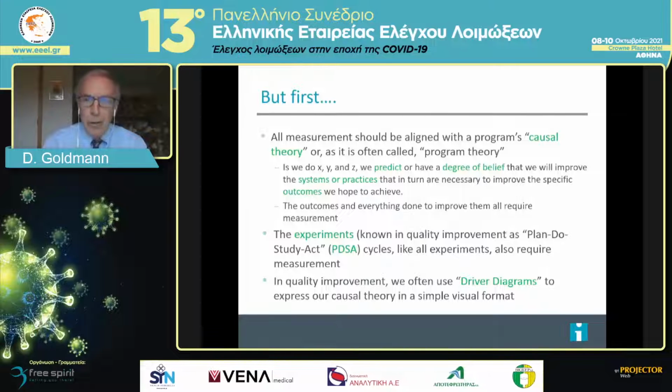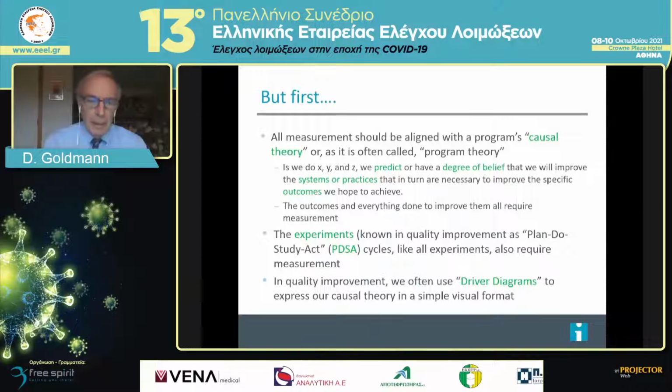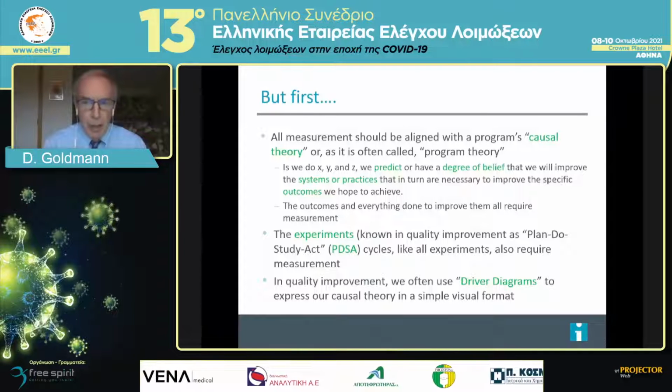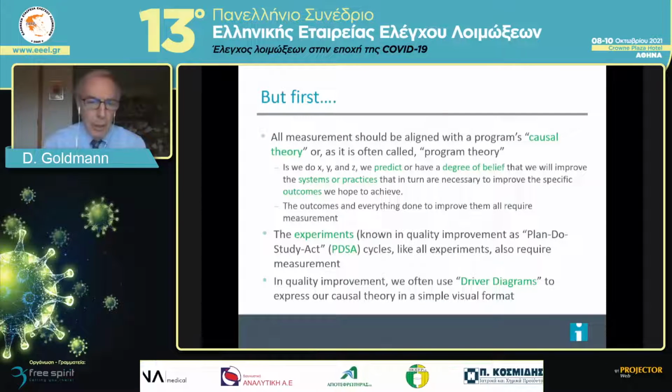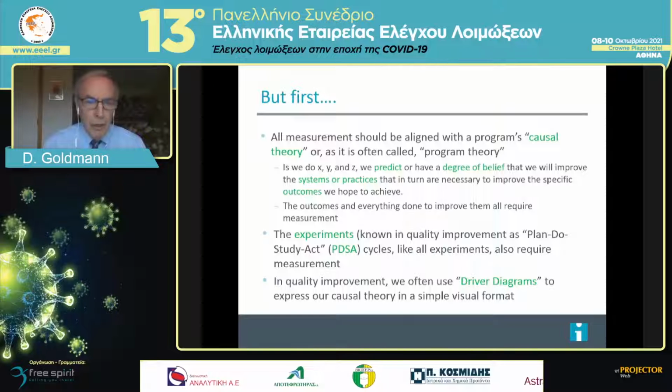I would prefer that when you talk to your clinical colleagues, nurses, physicians, and so forth, you call them experiments. There's no need to use jargon like PDSA. It's just an experiment, the same kind of experiments I did in the laboratory when I was working on a vaccine for staphylococci.